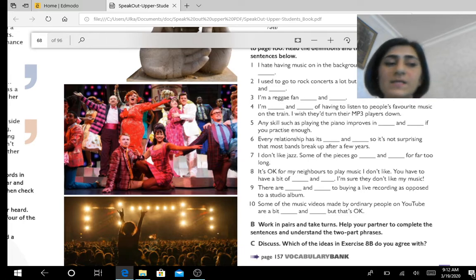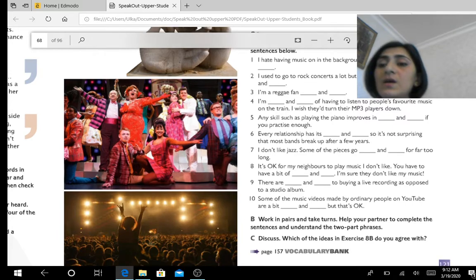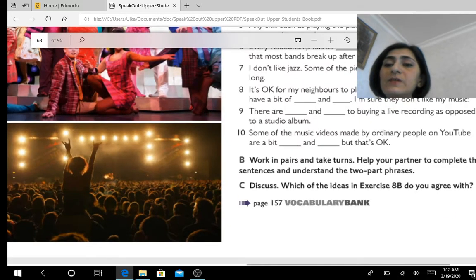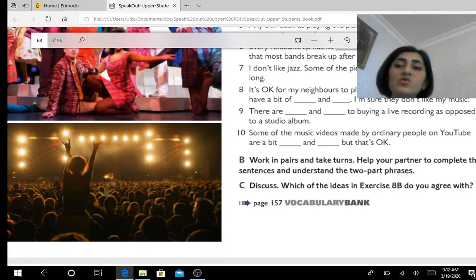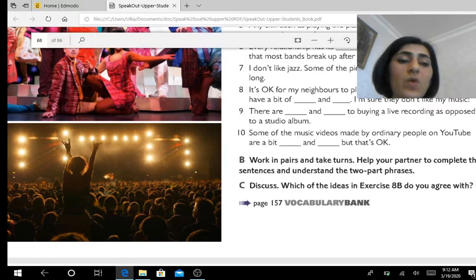I think that's it. And if you also go to page 157, you see here an additional follow-up activity, like we sometimes do with our vocabulary bank. We use the vocabulary bank as a follow-up activity.